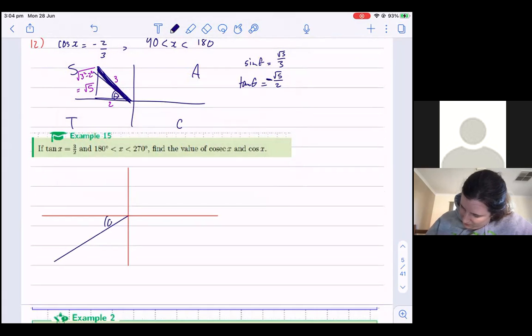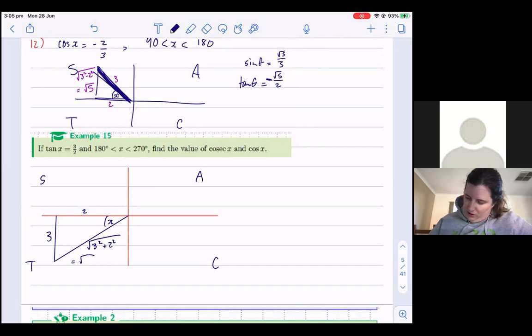I'm going to make this one our theta. We know tan of that. Oh, instead of theta, I should have done x. Tan is 3 on 2, so tan's opposite over adjacent, which means the hypotenuse must be the square root of 3 squared plus 2 squared, so it's root 13.